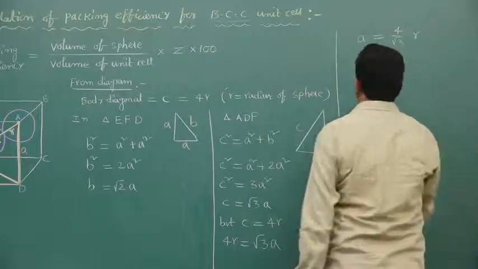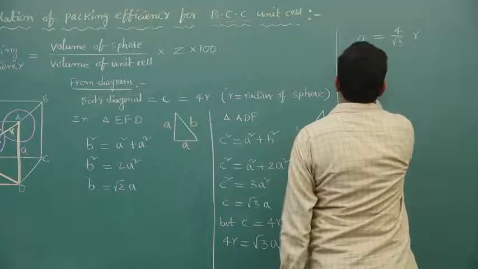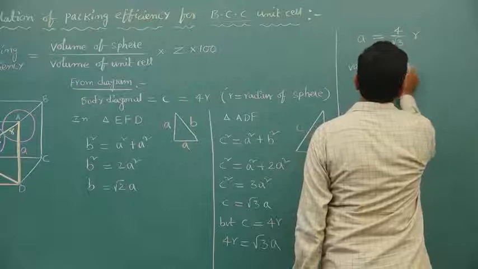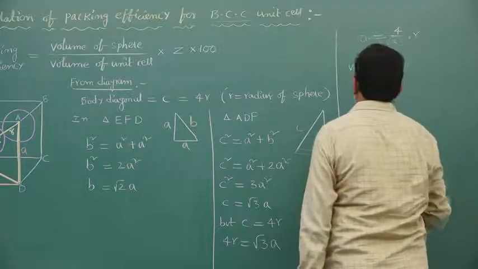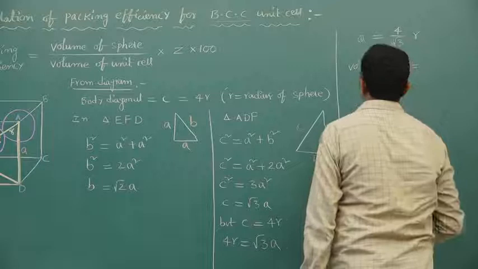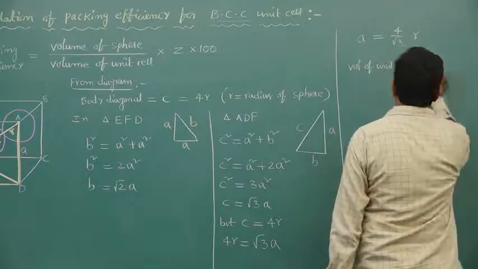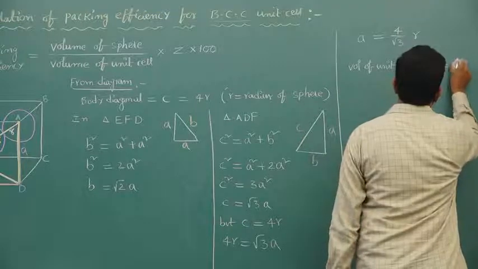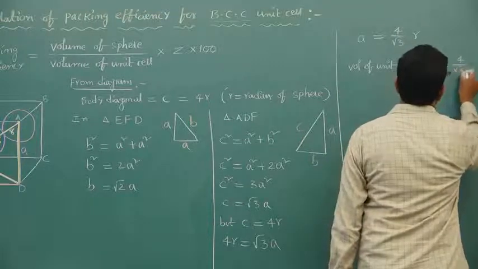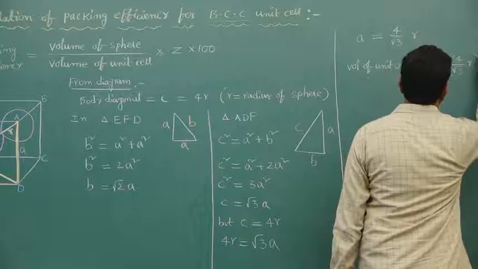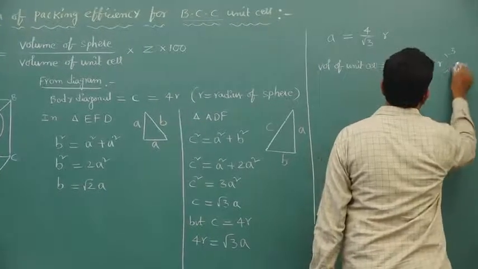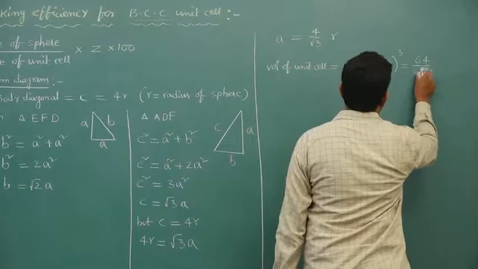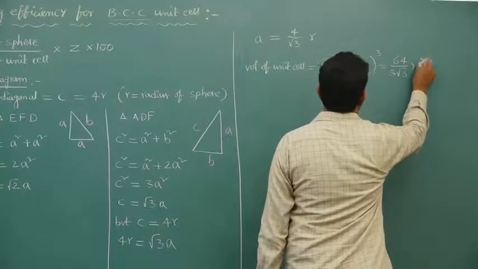Next, volume of unit cell. We considered a cubic unit cell, that is simple. The formula is A cube, that is 4 by root 3 R whole cube, that is 64 by 3 root 3 R cube.